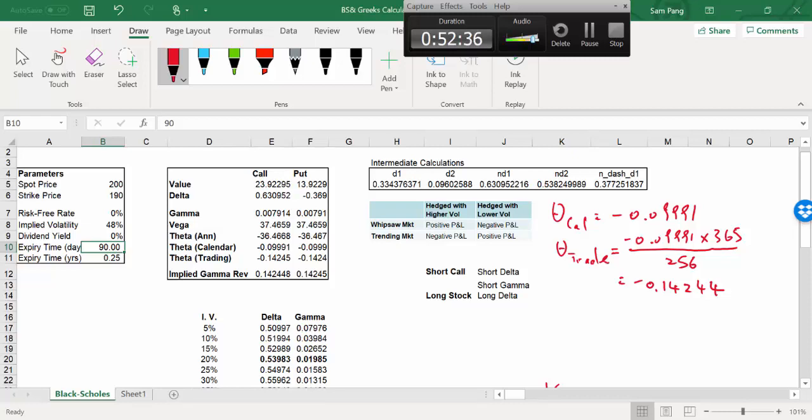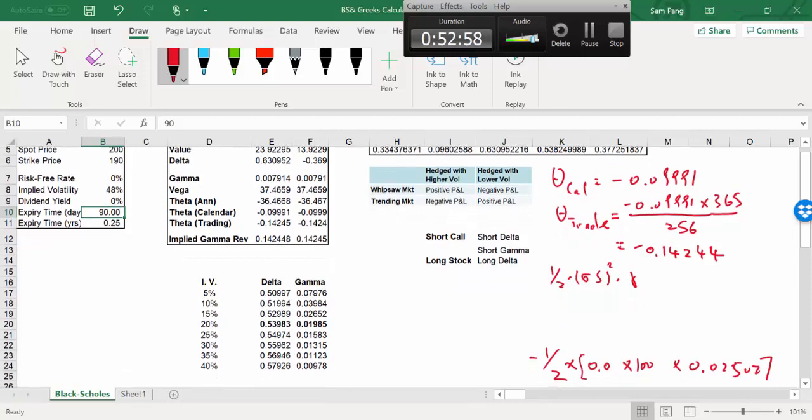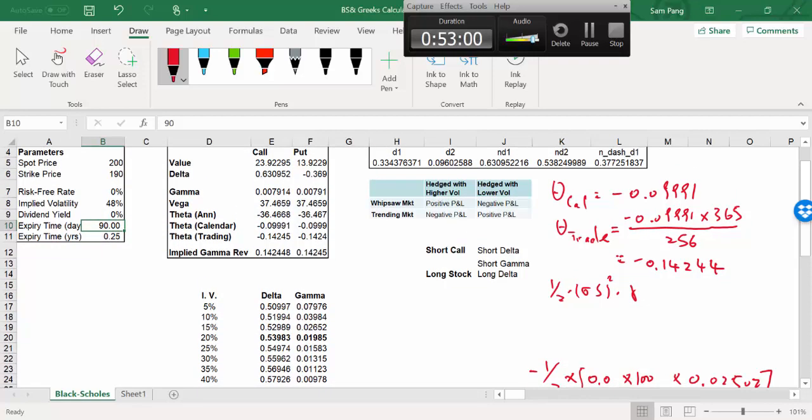Now, remember, the trading day theta is what you work with in option pricing. And now I'm going to try and work out the implied gamma revenue, which is a half times sigma S all squared times gamma. Now I'm just going to plug them in like making a spaghetti bolognese.